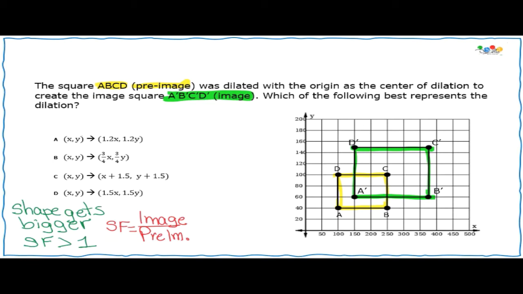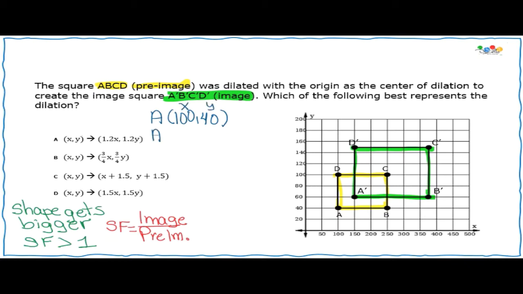So the first thing that I want to do is I want to find some coordinates. So I want to compare some of the coordinates. I'm going to start with A. And the coordinates for A will be 100 and 40. Very good. Now remember, this is your X and this is your Y value.